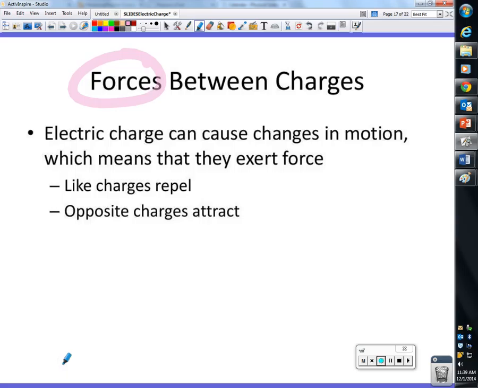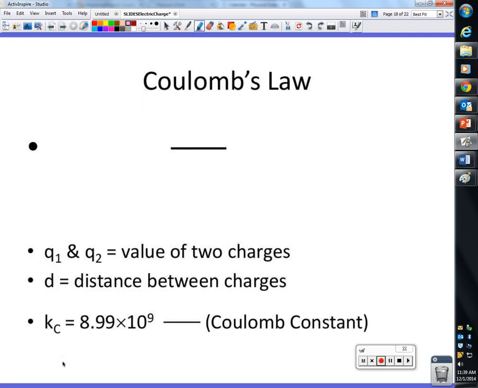That force that these charged objects feel, right, we refer to as an electrical force. So we use the abbreviation F sub E to represent the force that there is between these charged objects. How much force there is depends on a couple of different factors. We put all those factors together and we get what we call Coulomb's law.